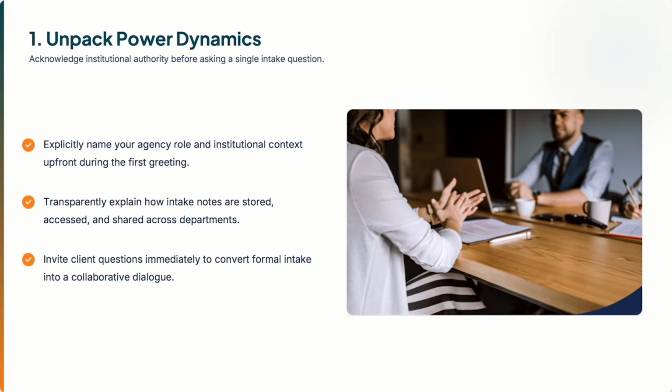When we demystify agency record keeping, we instantly convert what felt like bureaucratic interrogation into a transparent partnership. That simple introductory step sets the baseline tone for safety and mutual respect throughout the entire therapeutic relationship.